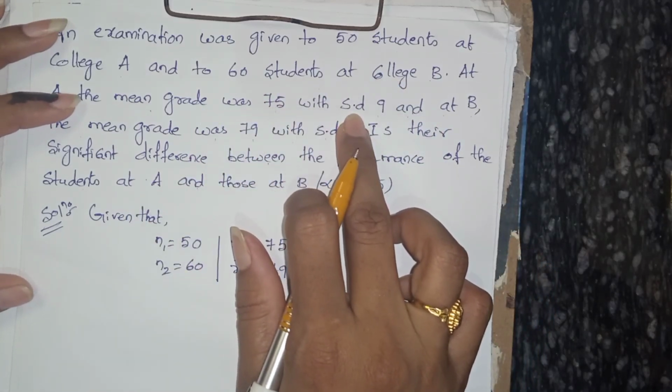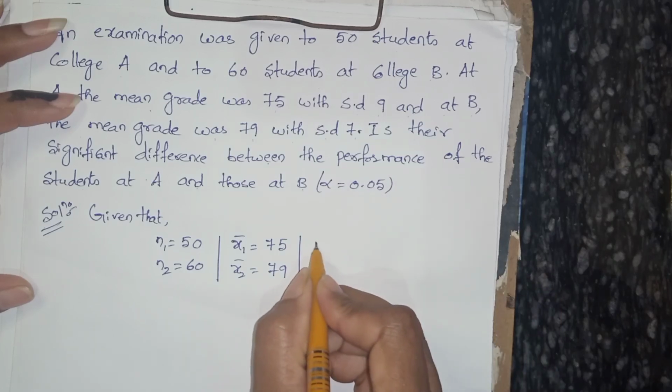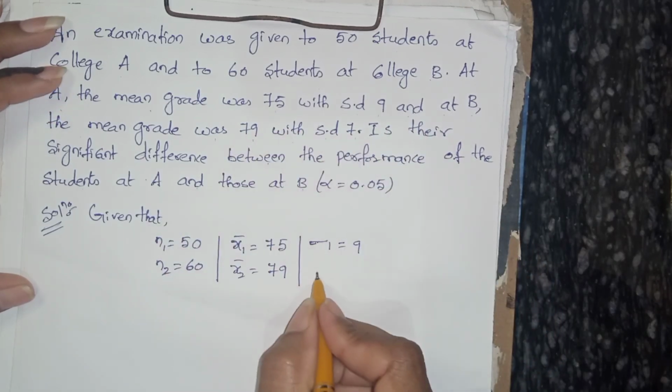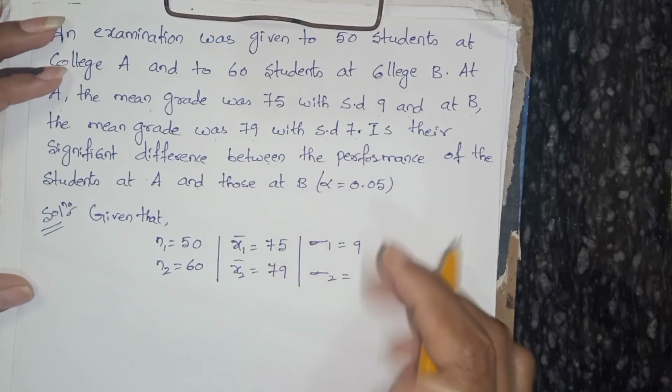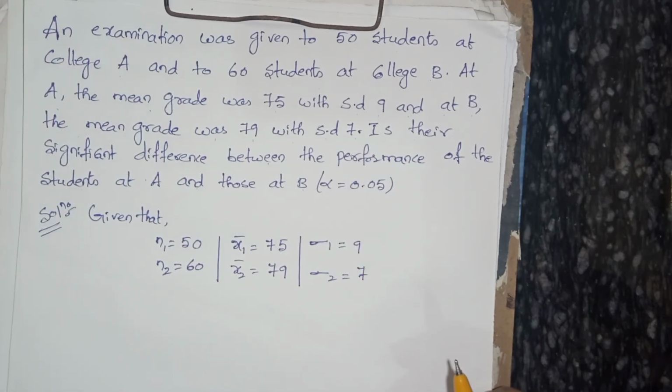So standard deviation is denoted with sigma 1. Sigma 1 is 9, and sigma 2 equals 7. Okay, so now we have to calculate the difference between mean grades of college A and college B.